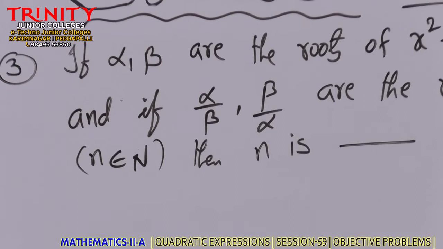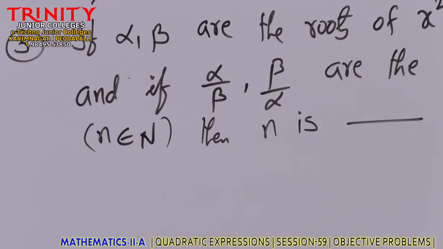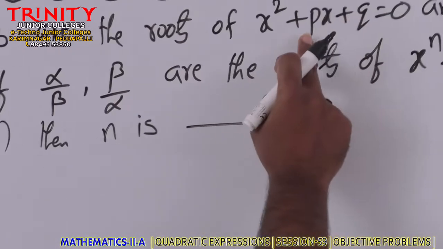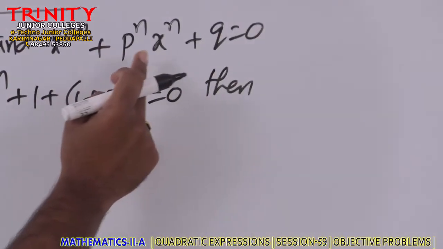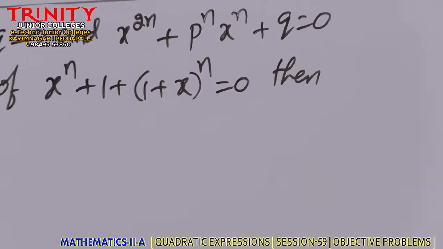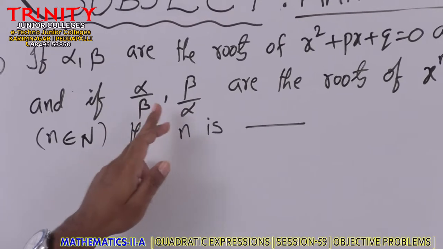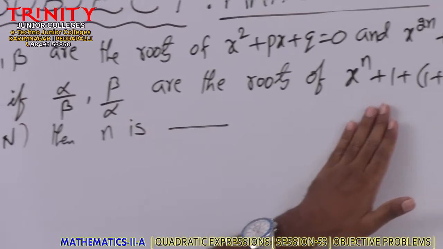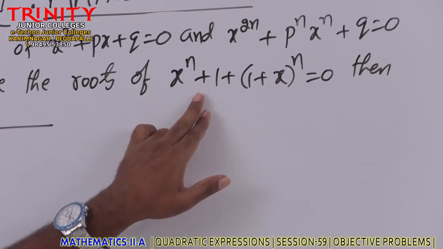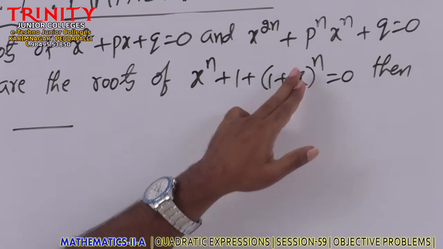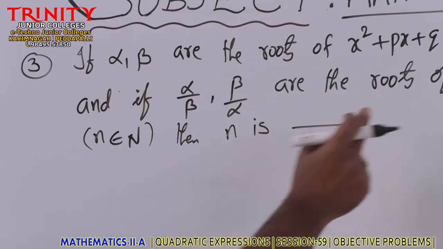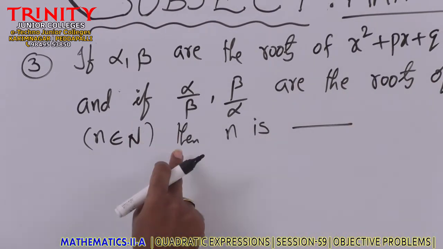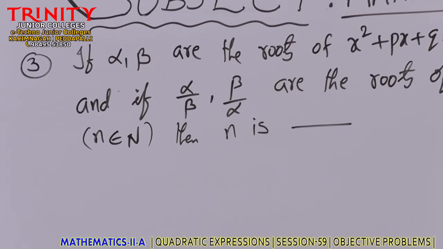See students, one more problem. If alpha, beta are the roots of x square plus px plus q equal to 0 and x power 2n plus p power n into x power n plus q equal to 0, and if alpha by beta, beta by alpha are the roots of this equation x power n plus 1 plus x whole power n is equal to 0, then n belongs to N, where N is the natural number.